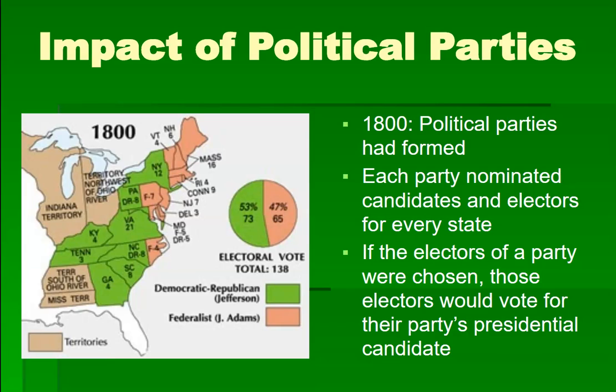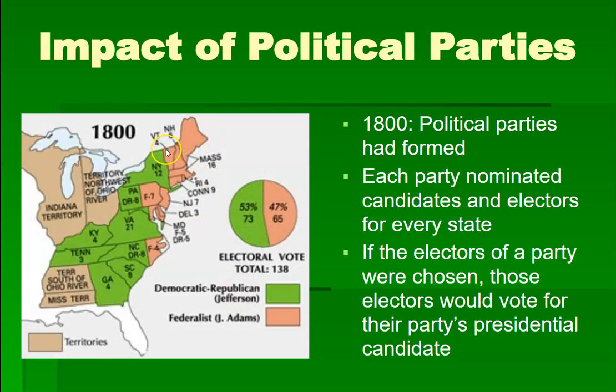So what would happen is this: if New York voted in favor of Democratic Republicans, then all the electors for New York State would be Democratic Republican candidates. And obviously, the Democratic Republican electors would vote for their own candidate, in this case, Thomas Jefferson.